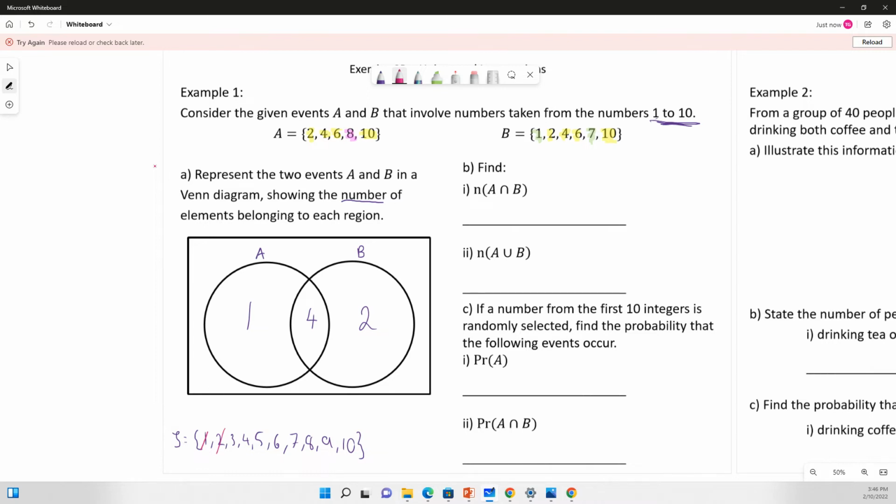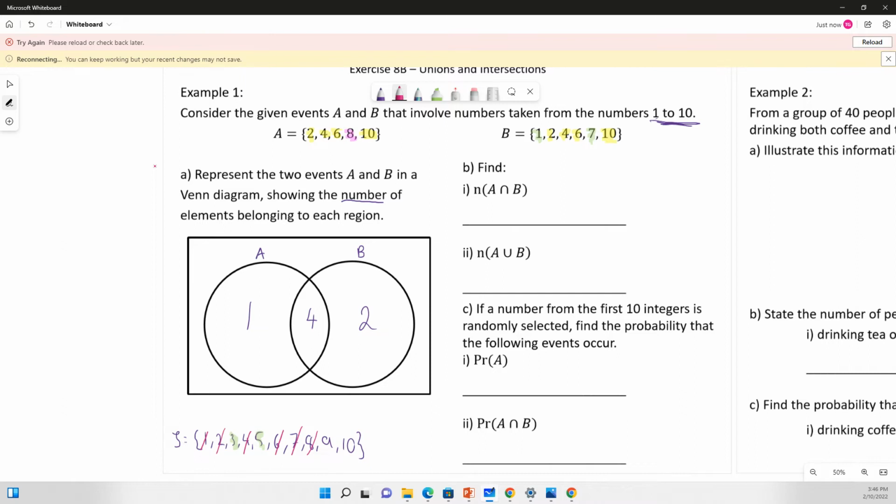Now 3. 3 is not in A or B. 4, that's in set A and B. 5, that is not in either. 6 has already been used. 7 is in set B. 8 is in set A. 10 is in set A and set B. And then we can see that 9 is in neither set.